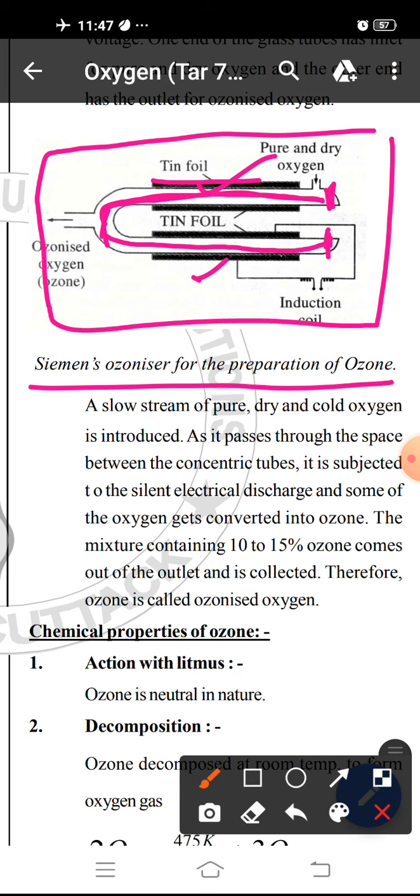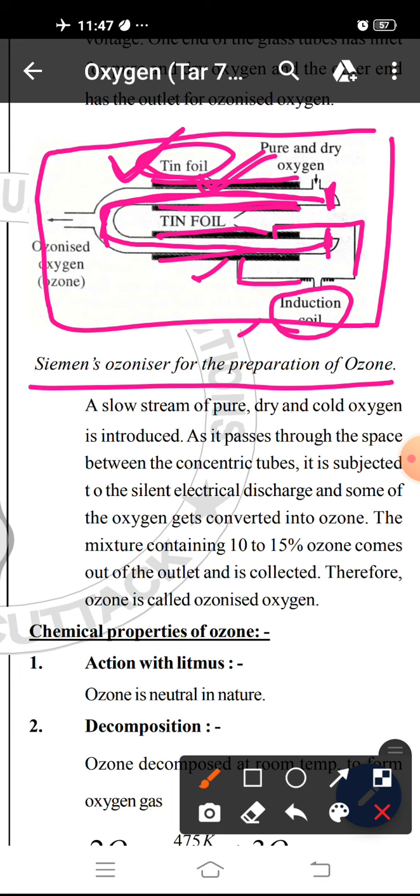The inner and outer surfaces of the glass tubes are coated with tin foil. The outer and inner tin foils are connected to the terminals of an induction coil to provide electric current.